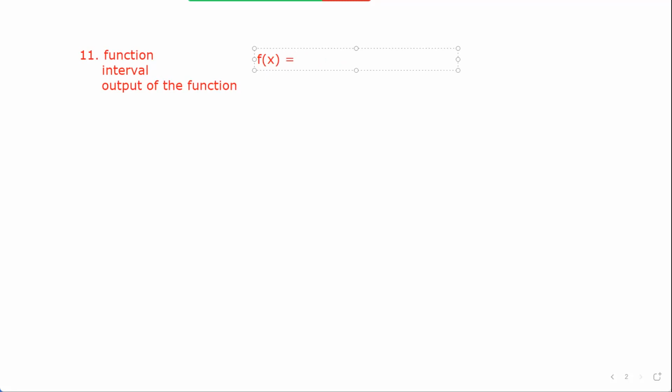Here's my function. It's x squared plus cosine pi x, right? I'm going to write it like that.